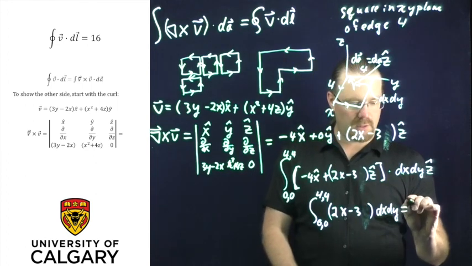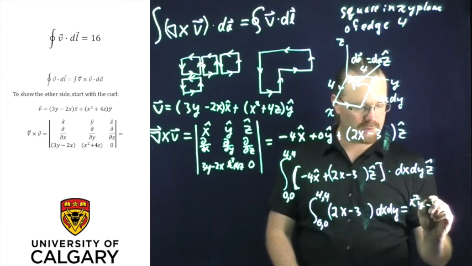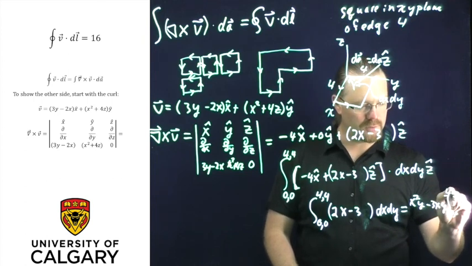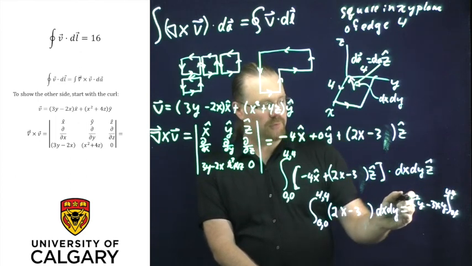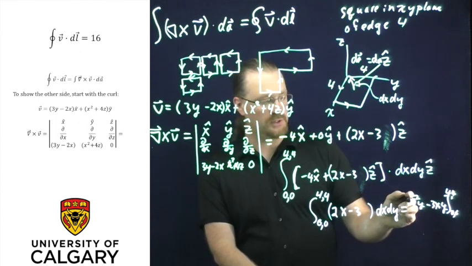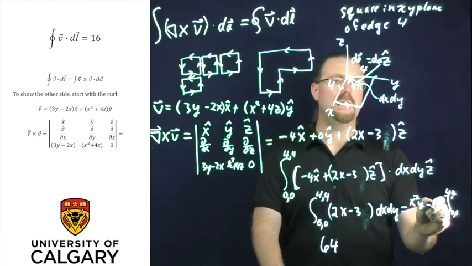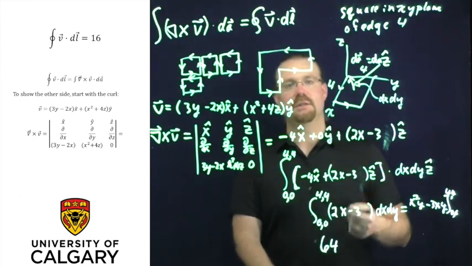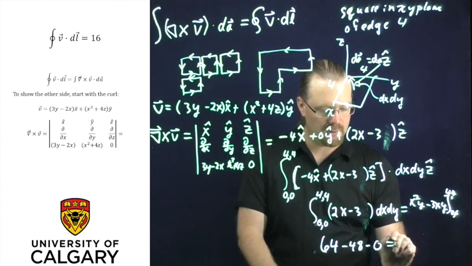So that's going to be x squared y minus 3xy evaluated from 0, 0 to 4, 4. So plugging that in, we have 4 squared, which is 16, times 4, which is 64, minus 3 times 4 times 4. 4 times 4 is 16, times 3 is 48, minus 0 is 16.